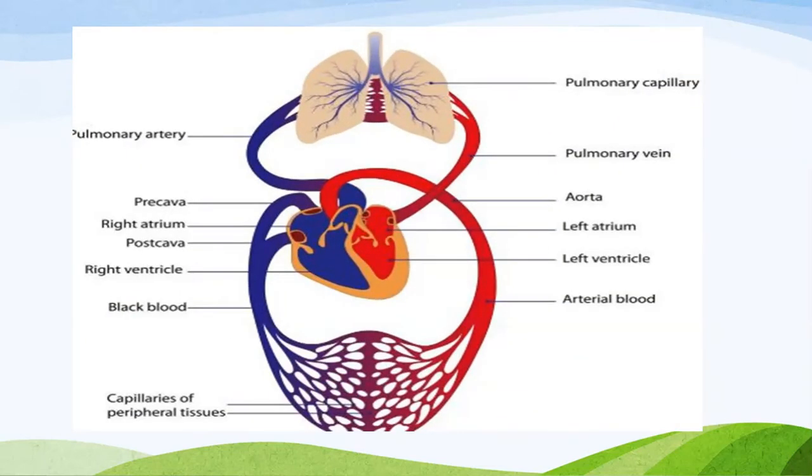And this is the figure showing the systemic and pulmonary circulation. This I have previously described. Blood from here, left ventricle, moves through arch of aorta and through different arteries, and finally into fine capillaries.